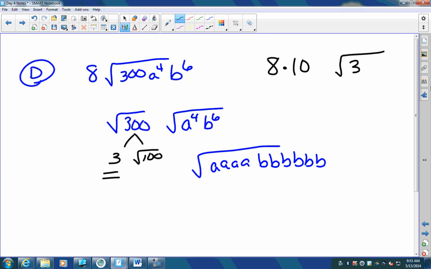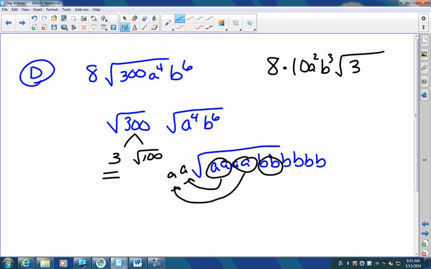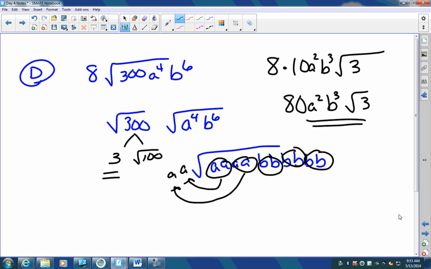I have one set of a's and another set of a's, so I've got 2 a's that get pulled out. 4 divided by 2 is 2, so I get a squared. 6 divided by 2 is 3. That's why it's b to the 3rd, because I've got 1, 2, 3 sets of b's. So it becomes 80 a squared b to the 3rd square root of 3. You're looking for pairs to pull out.